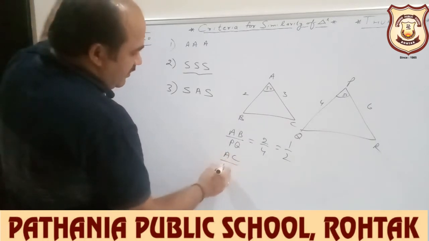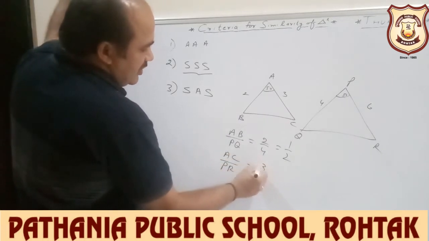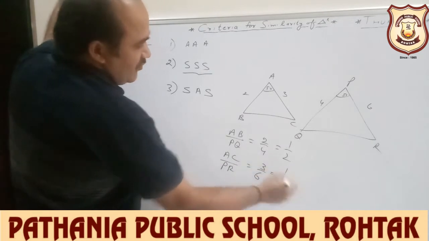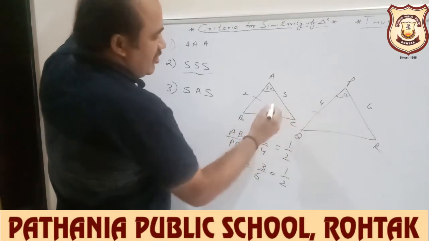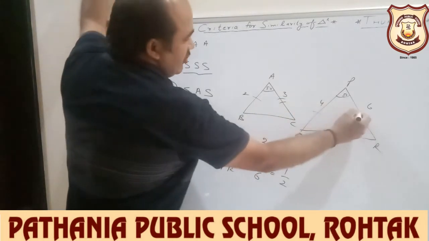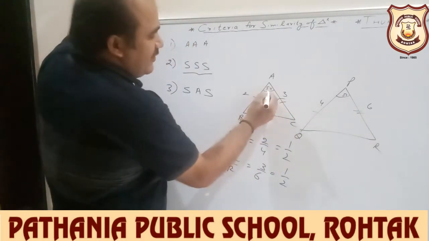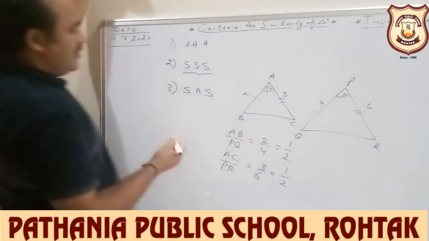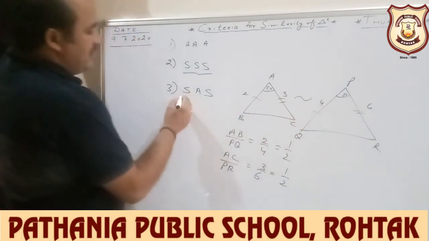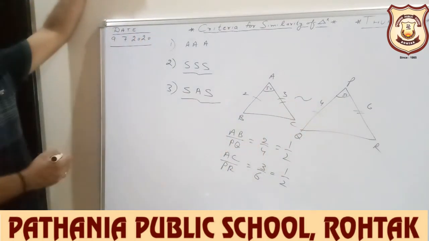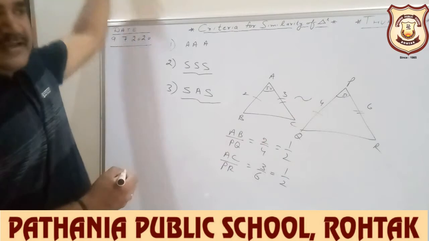AC upon PR equal to 3 by 6 equal to 1 by 2. This side ratio to this side ratio is equal, and the angle in between is also equal. Then both triangles are similar by the SAS similarity criteria.